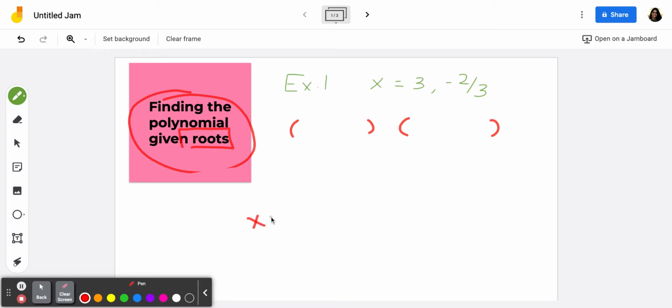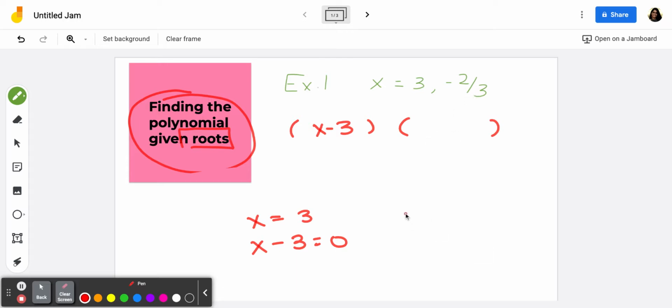X equals 3, so we subtract it to the other side. So that's what goes in the parentheses, x minus 3. You could have probably thought of that because in order to solve it to get 3, you'd have to have a minus 3 in here. And in order for it to solve to be this, think about what would have to be written in this parenthesis.